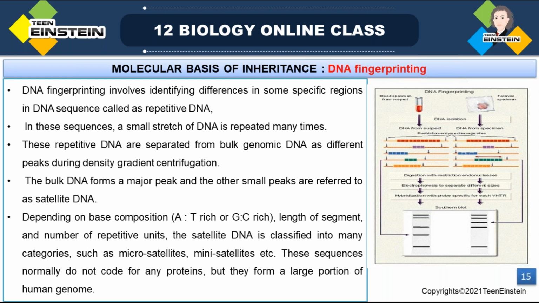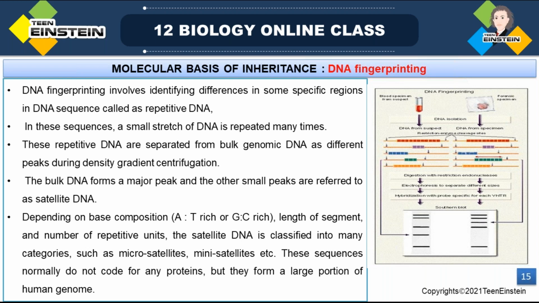This is done by density gradient centrifugation. First they isolate the genomic DNA, then separate the bulk genomic DNA from the repetitive small stretches of DNA that repeat many times.